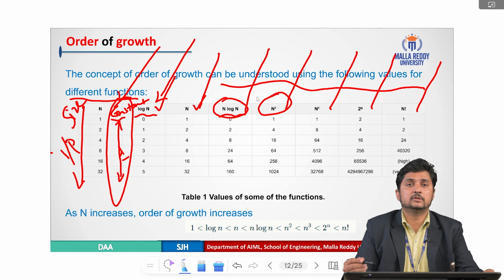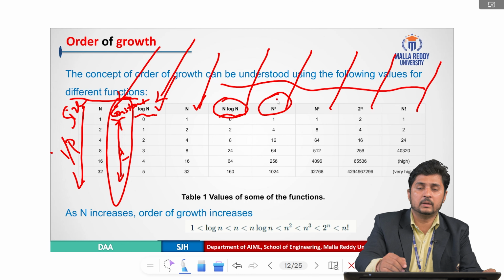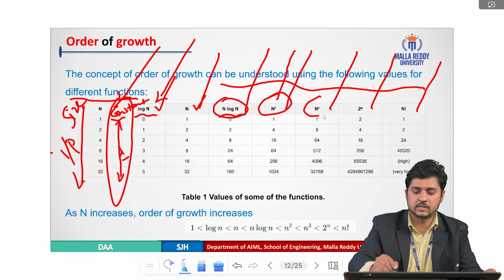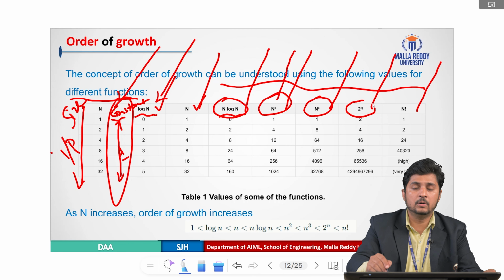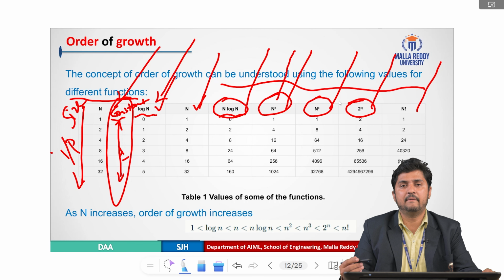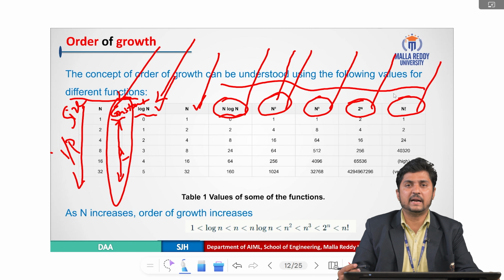For the quadratic class, we perform matrix additions and matrix subtractions. Moving towards the cubic class, we have problems like matrix multiplication. In the exponential category we have problems like the Tower of Hanoi, and finally factorial problems come under the factorial class.